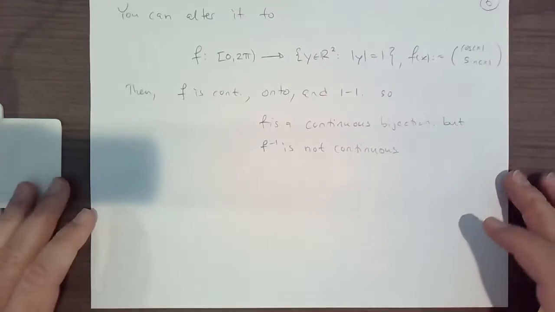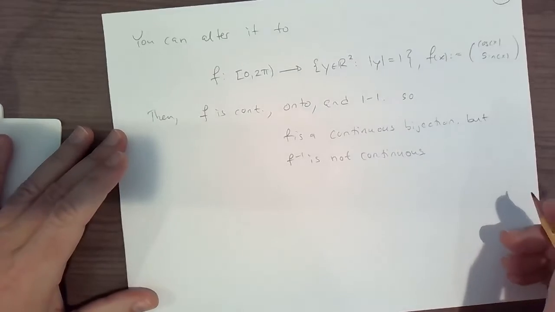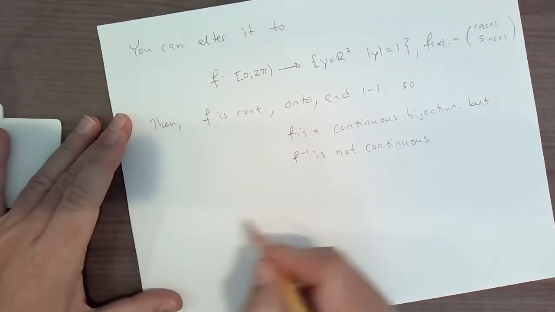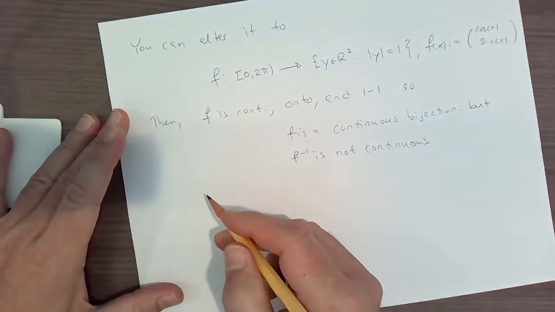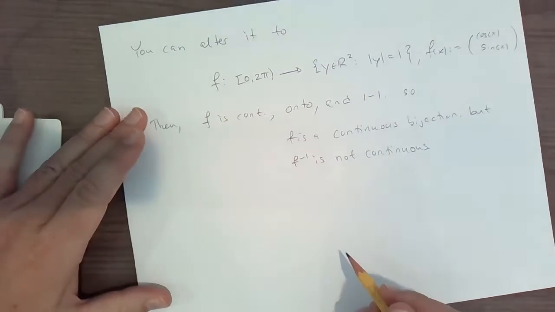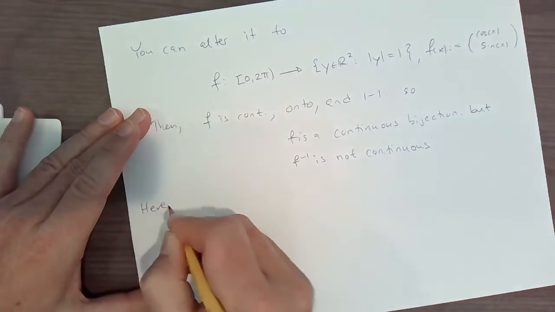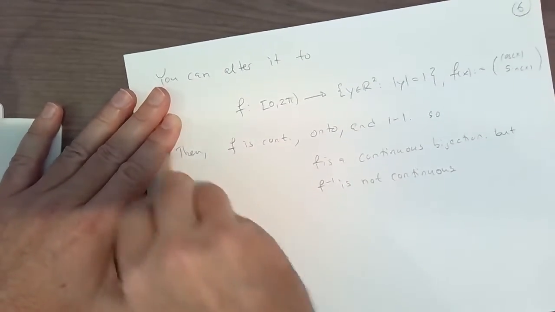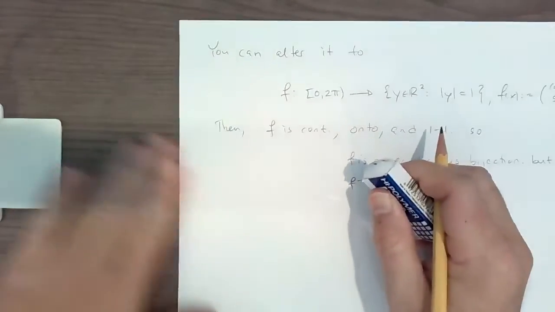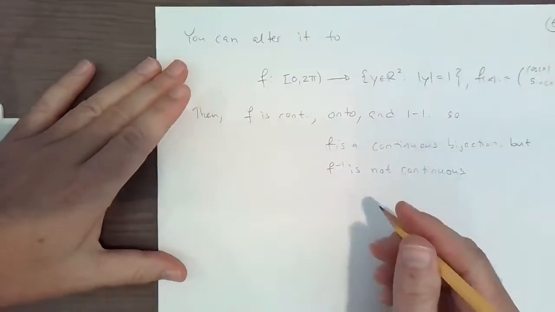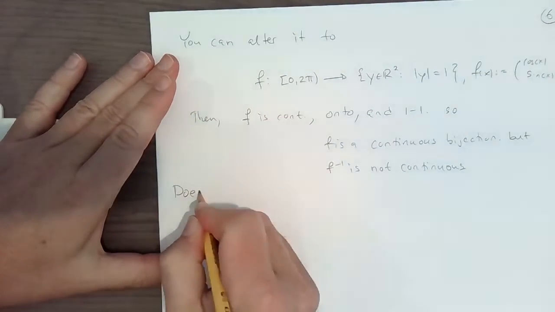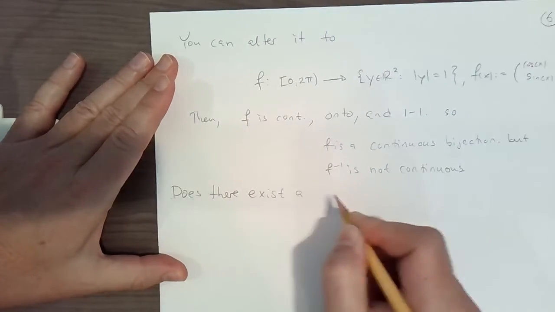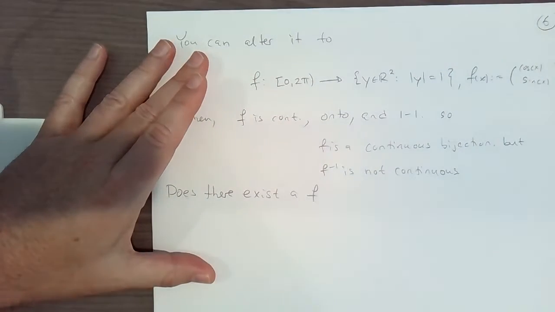So here's a crazy illustration. The following might seem a bit crazy, but it's not that far out there. Here's another way you can ask this question. Does there exist a function f?